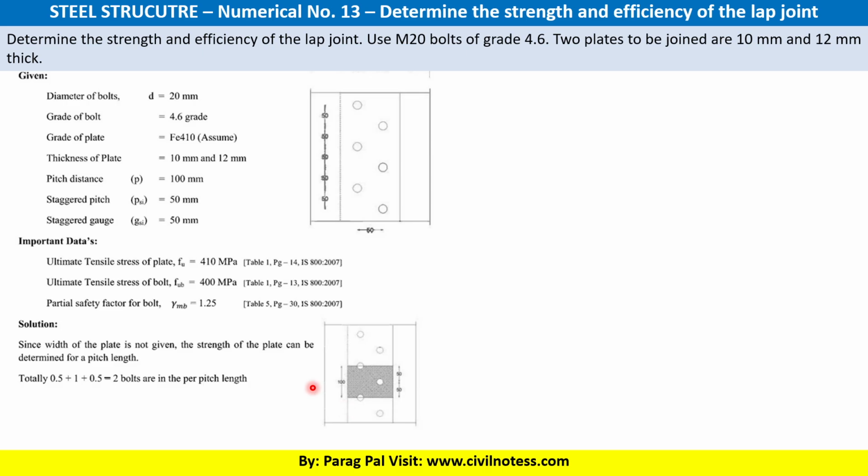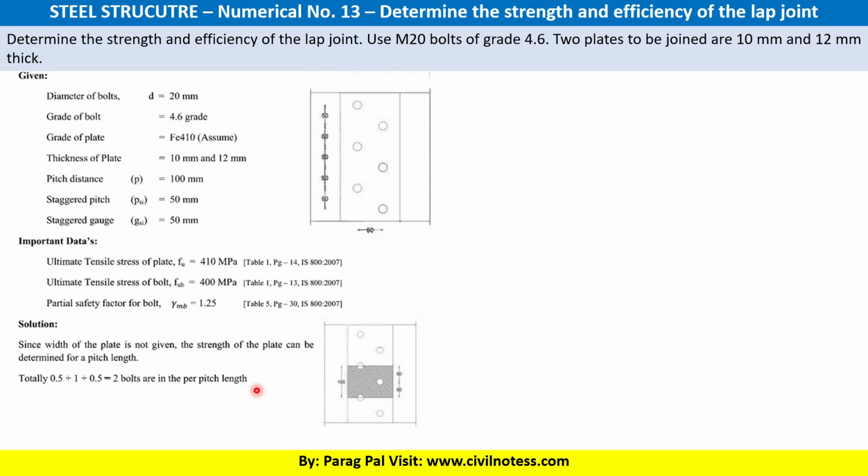From this bolt to this bolt, the pitch length is 50, which is the staggered pitch given here, and from this bolt to this bolt is also 50. It means if you have 3 bolts, you will have 2 bolts per pitch length. This is a very important calculation. If you miss something here, please let me know in the comment, I'll help you out. Remember, we are calculating one pitch length here.